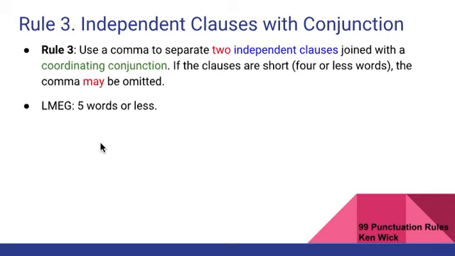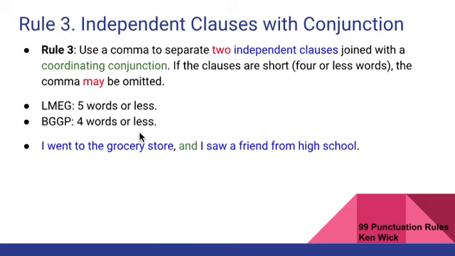So LMEG says you can omit the comma if it's 5 or less words. The BGGP has 4 or less words. So if you're going to stick with the LMEG, you can just substitute 5 here. I chose 4 or less.